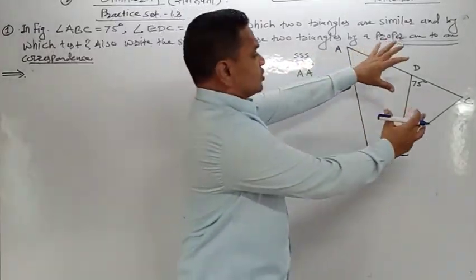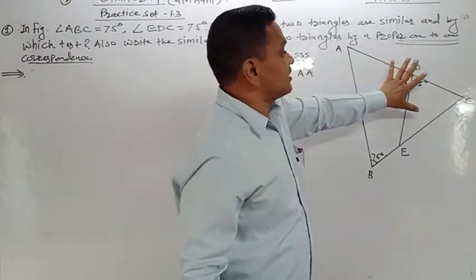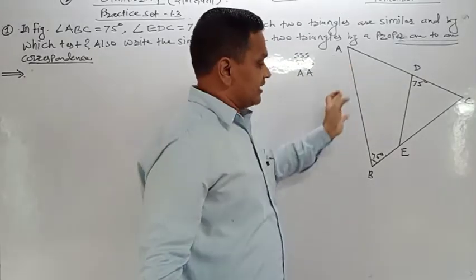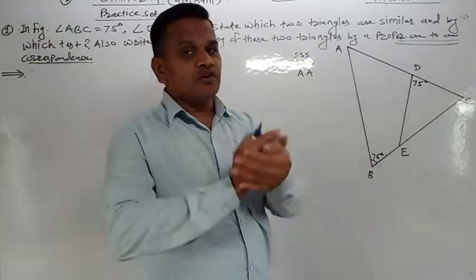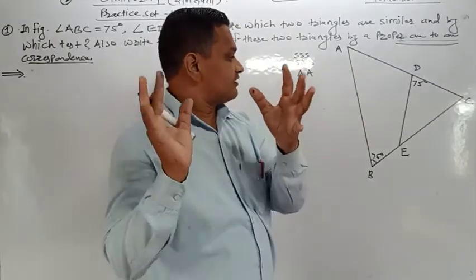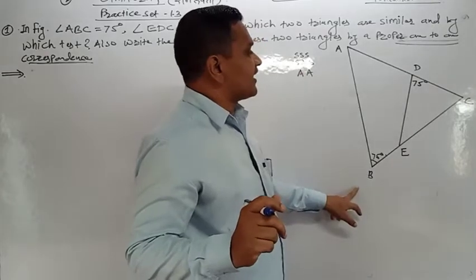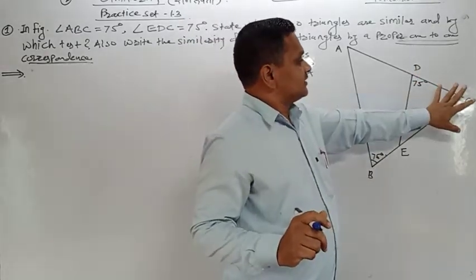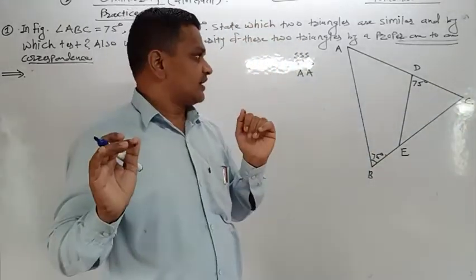There is no measure of sides given. The lengths of the sides of triangle ABC and triangle EDC are not given, right? Now angle B is 75 degrees, and angle D is 75 degrees, and for angle C there is no measure given. Understand?